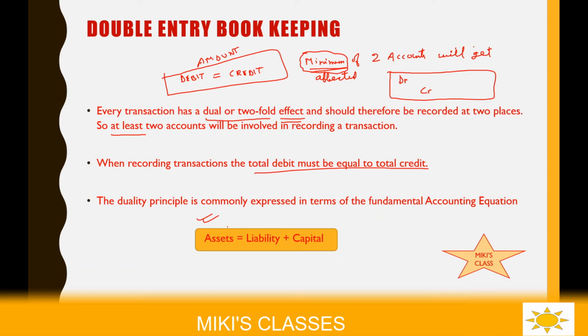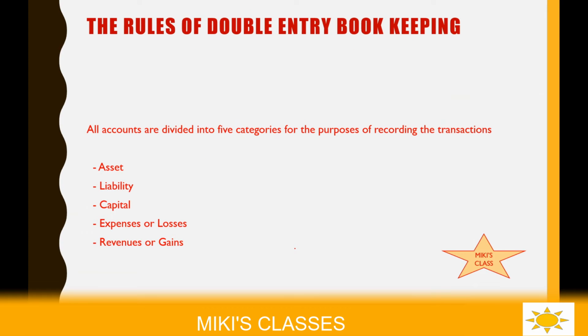So in any transaction, this accounting equation can be checked, and this accounting equation will always balance out. We'll discuss about that in a while. And this is just to tell you that all of this is what will be used when we are trying to check the accounting equation. So for every account, you'll have to know whether it's an asset or a liability or a capital or an expense or loss or a revenue or a gain, so that you're able to categorize it.